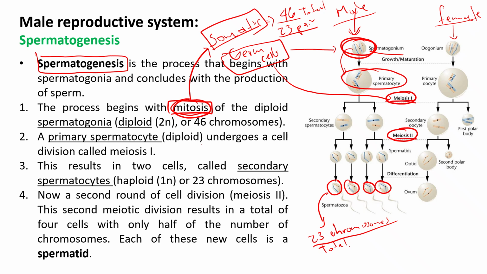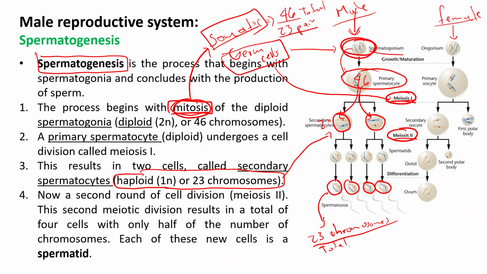In meiosis 1, as you can imagine, what we're going to have as a result is two cells, called haploid cells, because they will have only 23 chromosomes in total. So here we have 46, and then half of those chromosomes go to each of the cells.